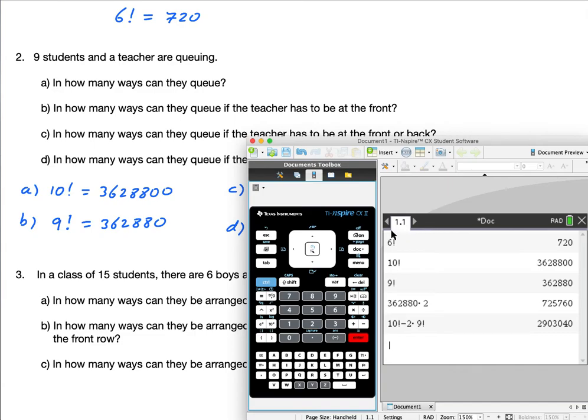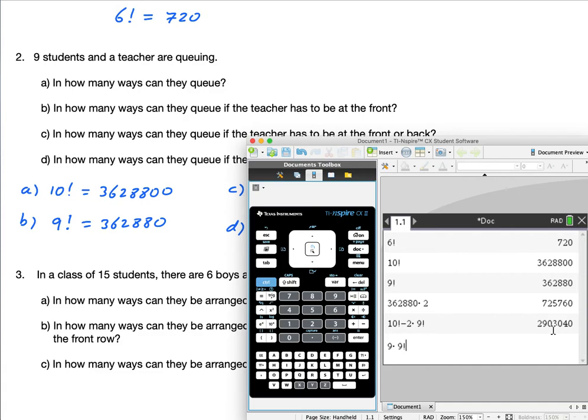The other way I just wanted you to think about doing it is, you could put the teacher second and then do 9 factorial, then put him third, 9 factorial, fourth, 9 factorial, fifth, 9 factorial, and even 10th, 9 factorial. So there is 9. If you do 9 times 9 factorial, you should get the same answer, because this is like looking at the 9 different ways you could put the teacher when he's not at the front or the back.